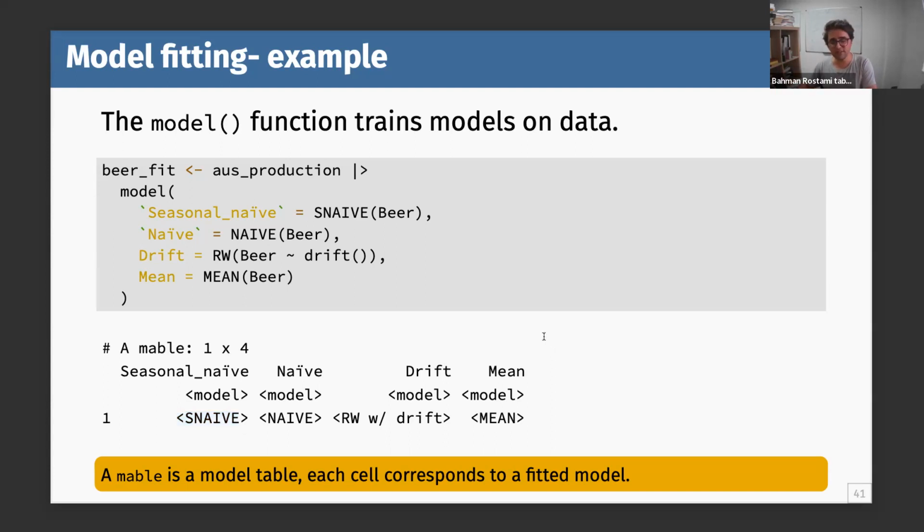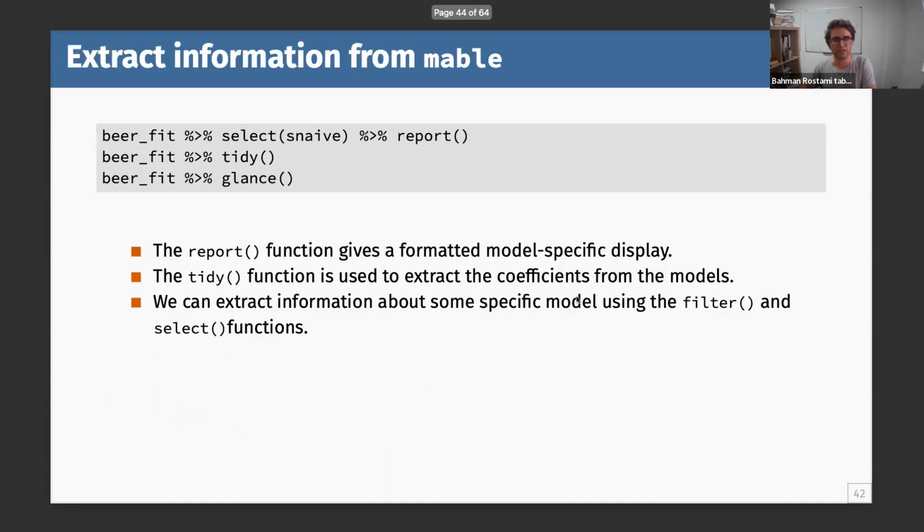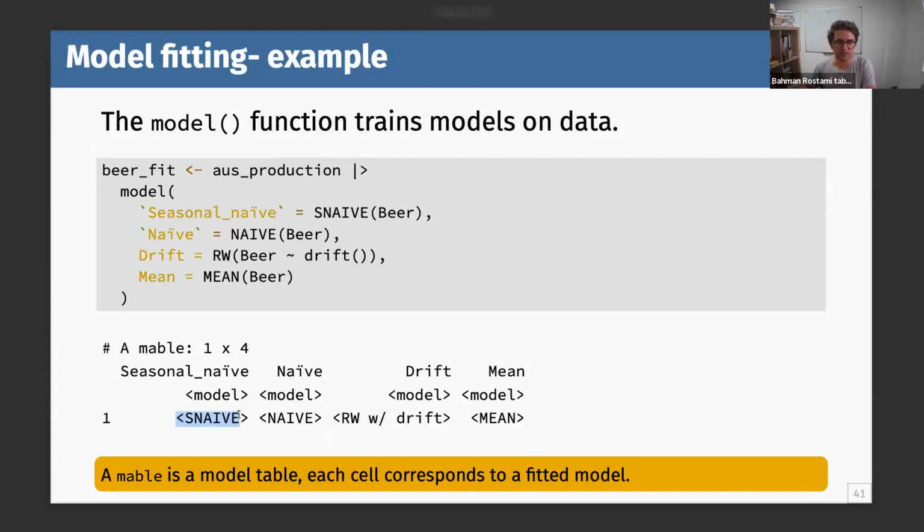So this is basically one of the most important things we need to know, how we specify methods and how we train them using the model function. These are the sort of functions that you can use to export information hidden inside this. We do this more later in the exercise.